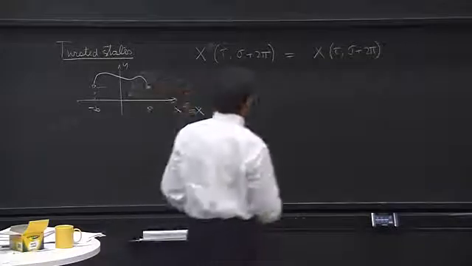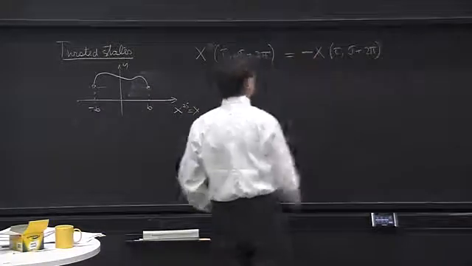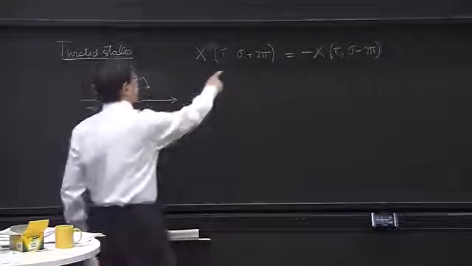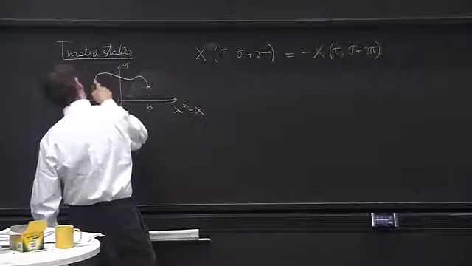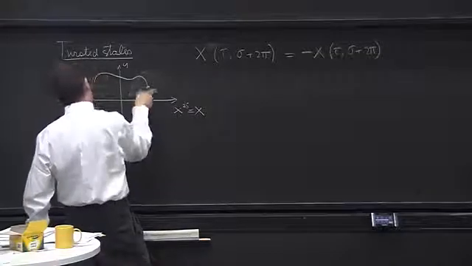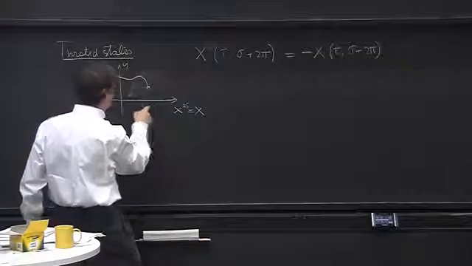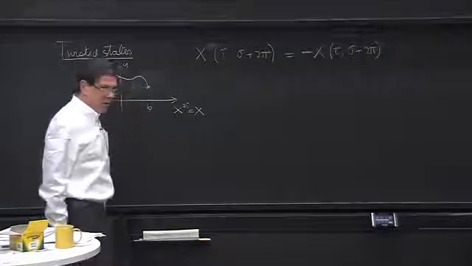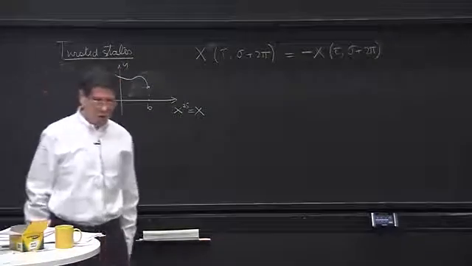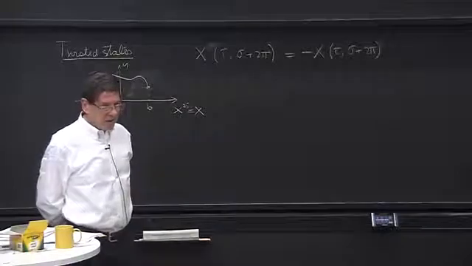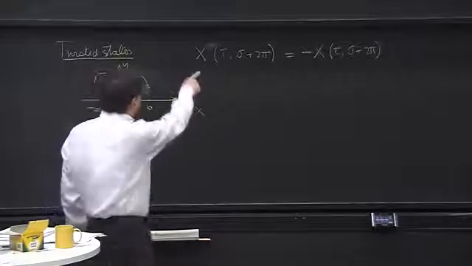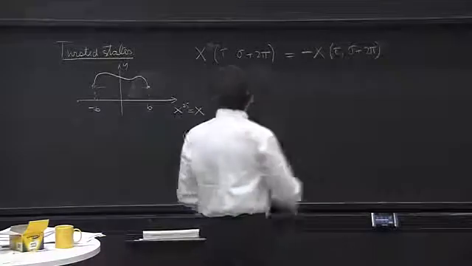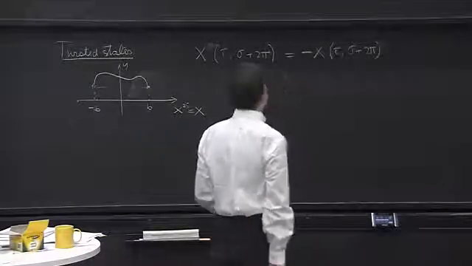But now, this is an equally good closed string. If after you've gone from sigma equals 0 to sigma equals 2 pi, you end up in a point that is minus the original one, well, since we've identified these two points, you are closed. So we need to analyze what this gives, and this gives you an x that is periodic with period 4 pi.